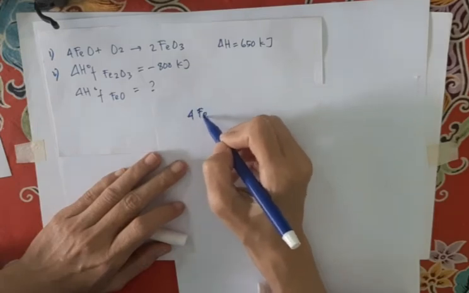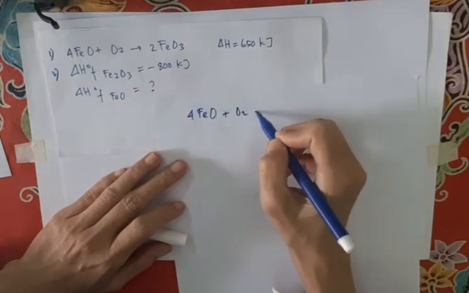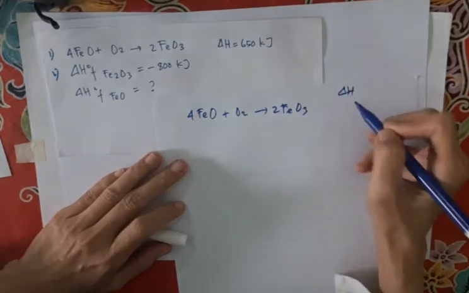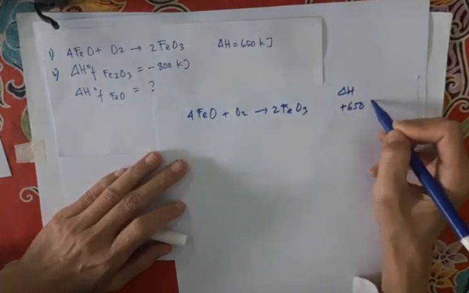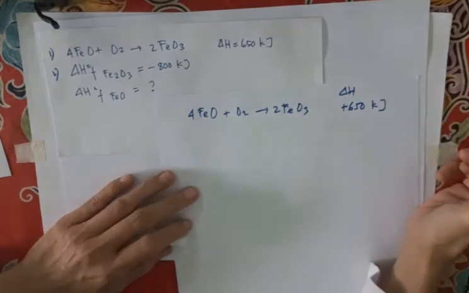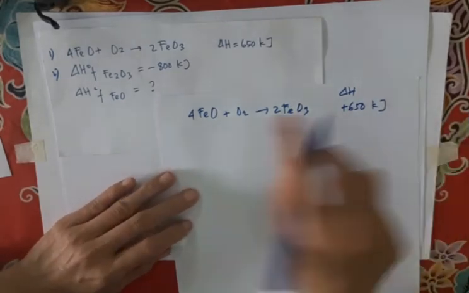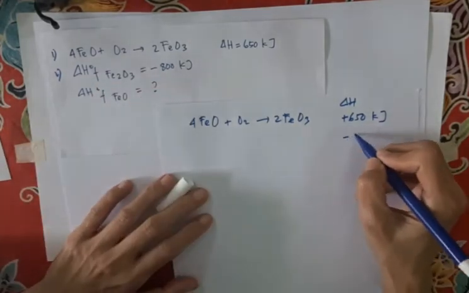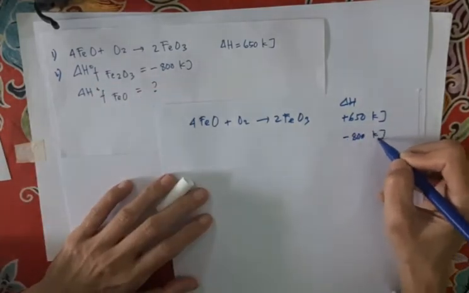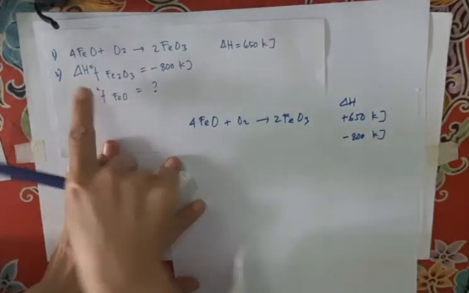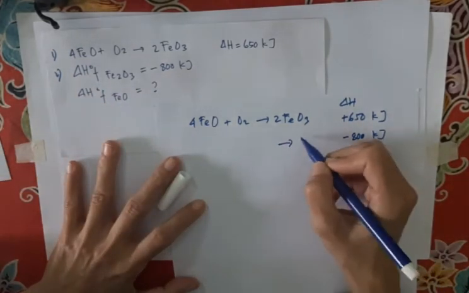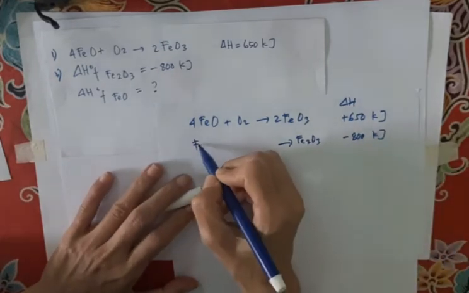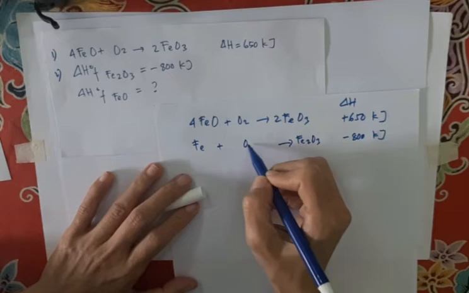For FeO plus, 50 kilojoule, convert this, minus 18 kilojoule, convert formation. So formation of Fe2O3 from Fe plus O2.